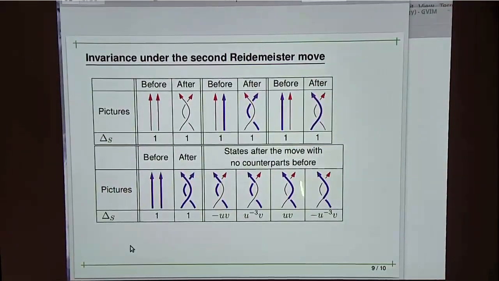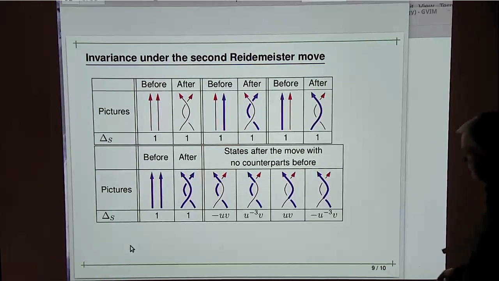Here is a shunt, here is a shunt. It's straight. This is shunt, this is shunt. And if you calculate the contribution from them, you will see that they just kill each other. And so this means that it is the right thing to do.